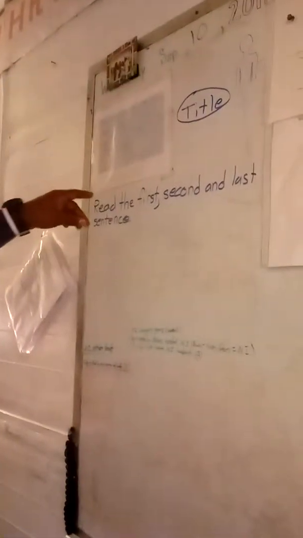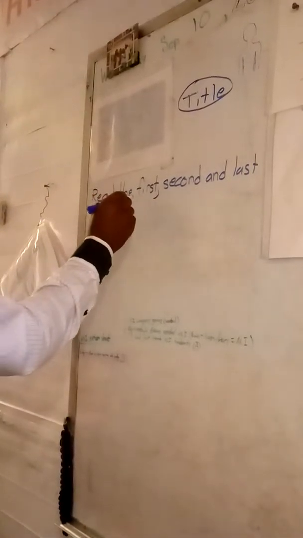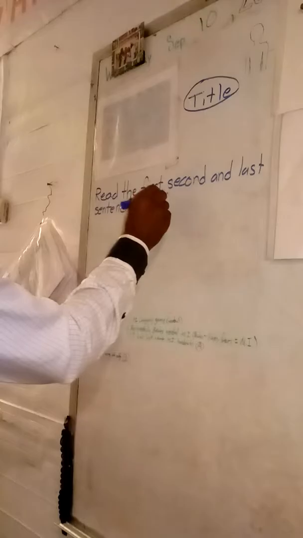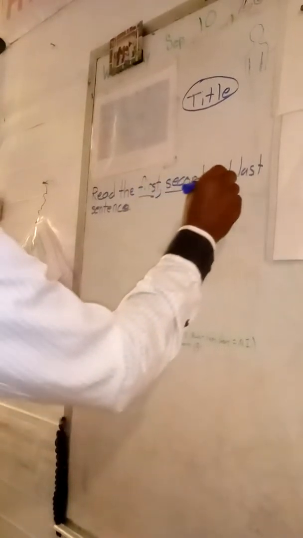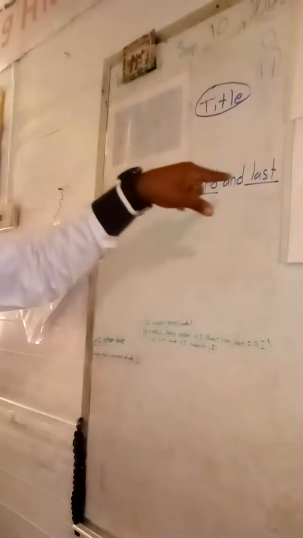Now, immediately after you have read the passage, the first thing you do is read the first, second, and last sentence to see if the main idea is going to be in those sentences.